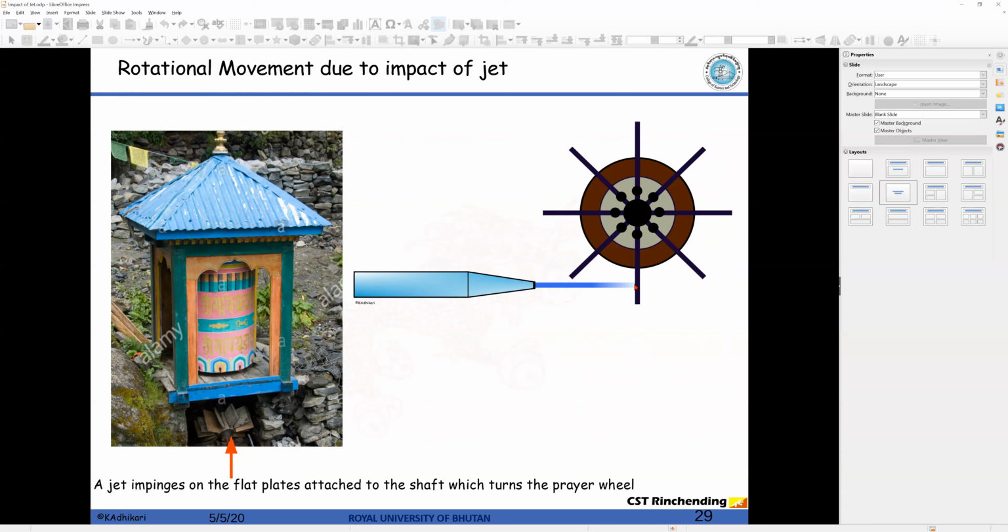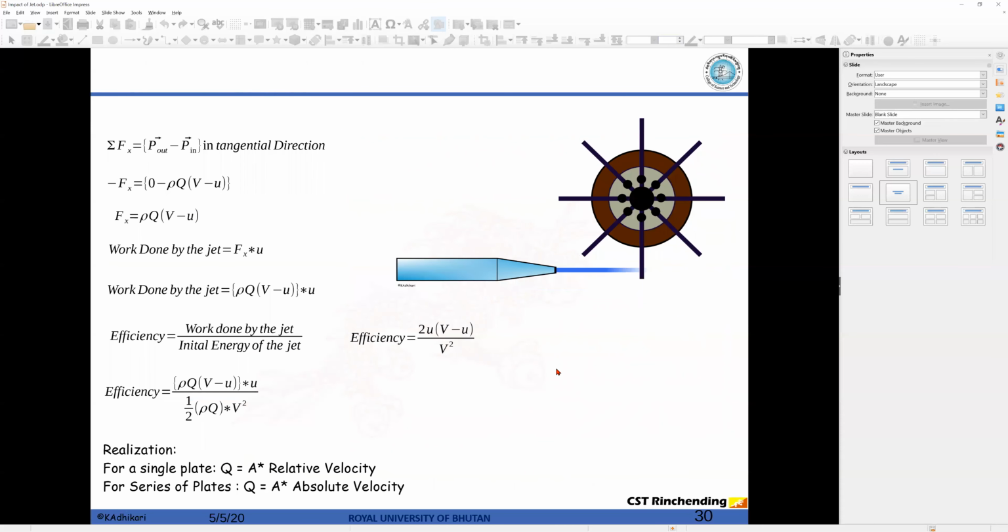So the relativeness is lost here, and in our analysis we'll use absolute velocity. That's the only difference.